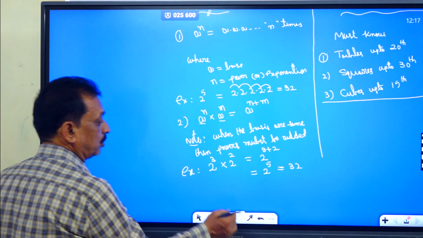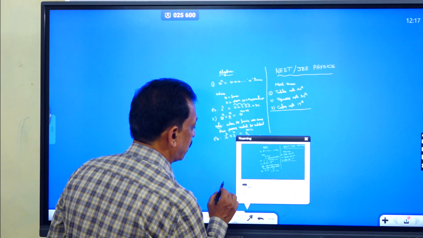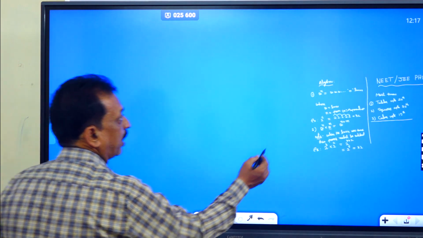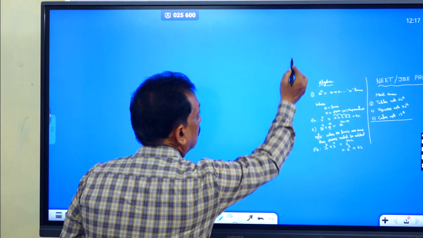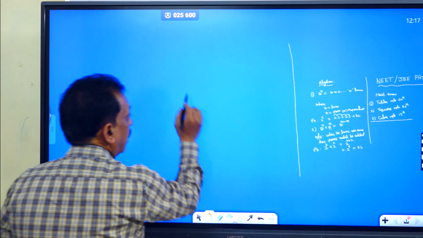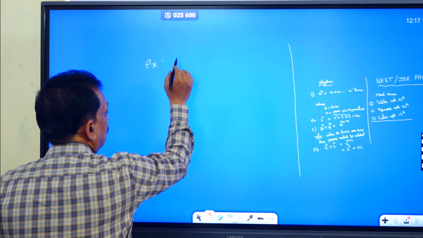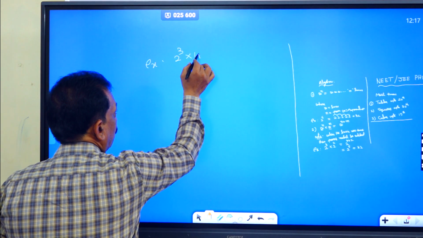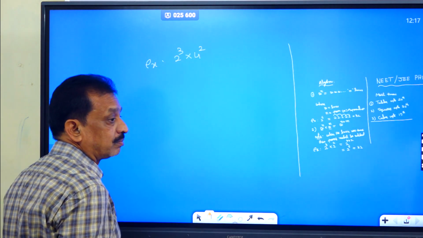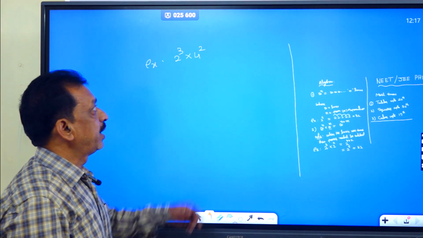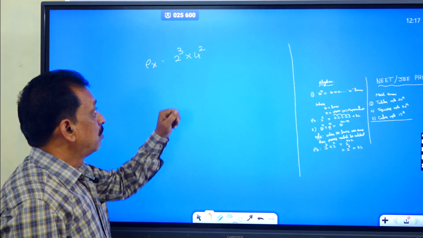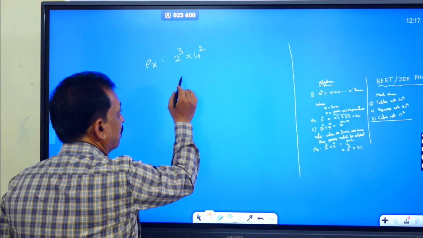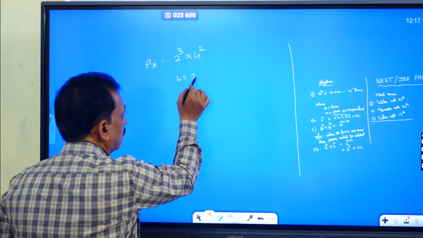Now coming to the next one. In the same case, another example: 2 to the power of 3 into 4 to the power of 2. But the bases are not same. What to do? You have to make the base the same: 4 can be written as 2 square.